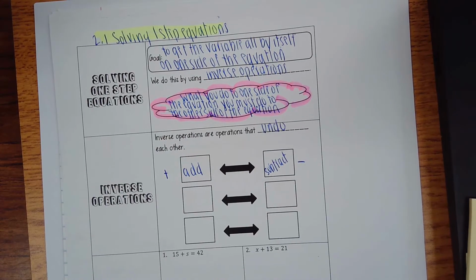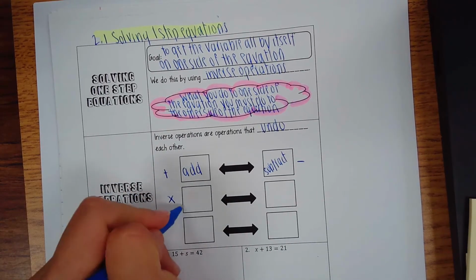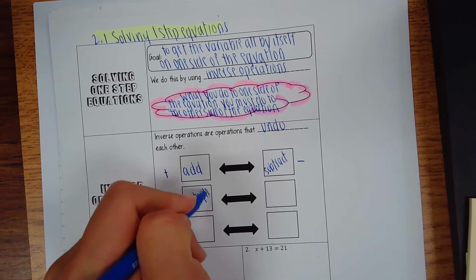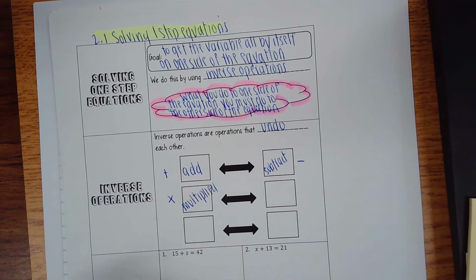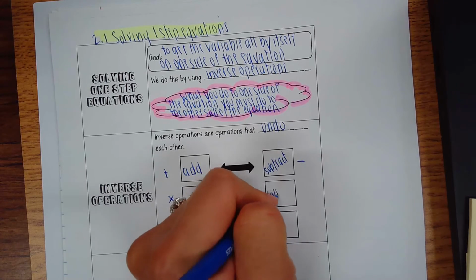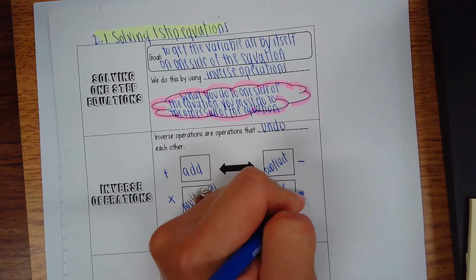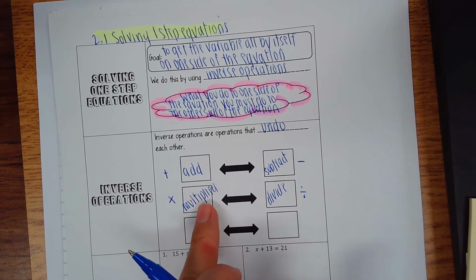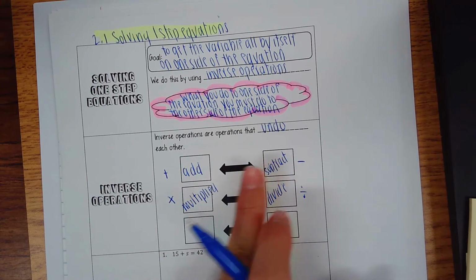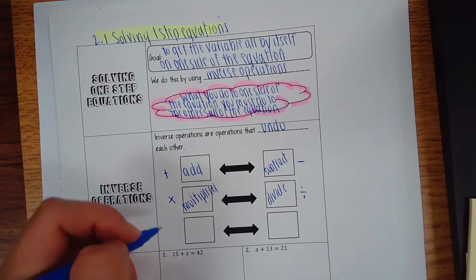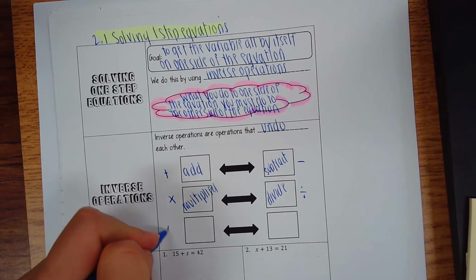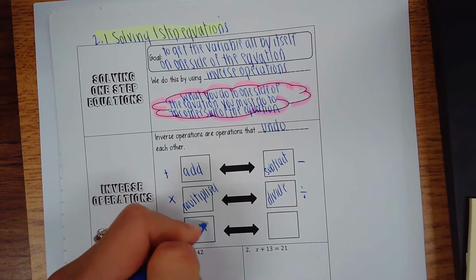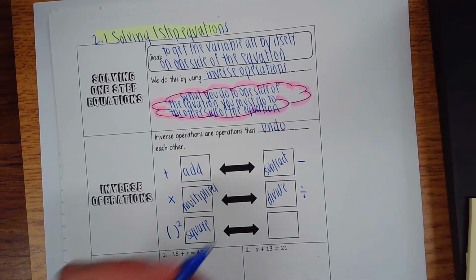If you see something that is multiplied, undoing it would be dividing. If you divide something, undoing it would be multiplying. If you subtract, undoing it would be adding. If we square something, undoing it would be the square root.